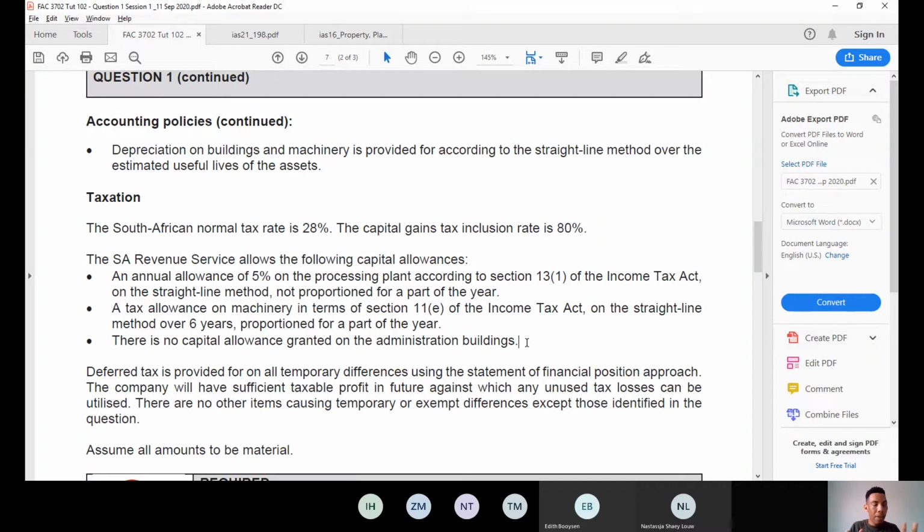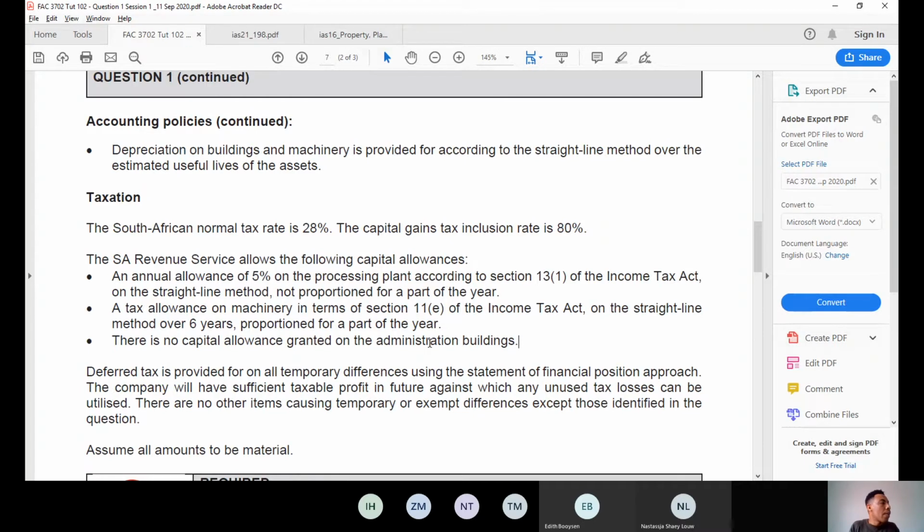Let me not say there will never be. Let me just say, for now, what I'm writing here, because we'll see later that there will be, as soon as you move above cost, you will have a deferred tax implication. For now, let's just use this statement, but we'll get back to the actual one when you're doing the solution.